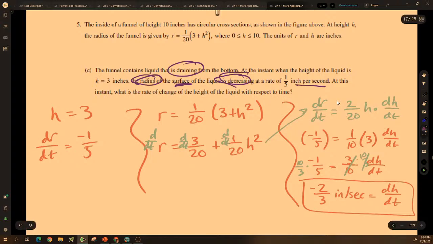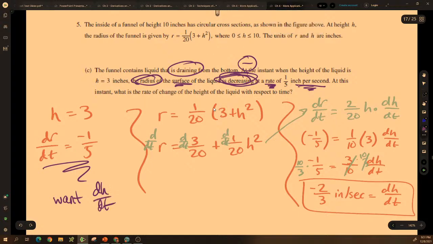The decreasing is important because the decreasing means that it's negative. Now the word rate, right, and the units tell me that this is not r equals, but dr dt equals. At this instant, what is the rate of change of the height? So we want dh dt. That's what we want.